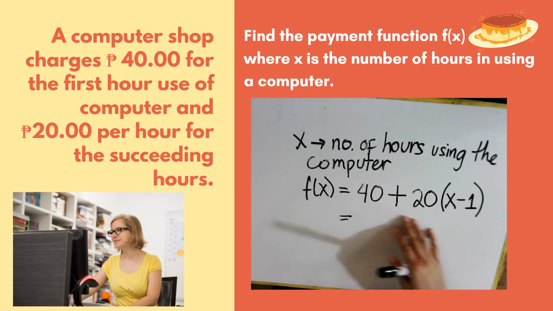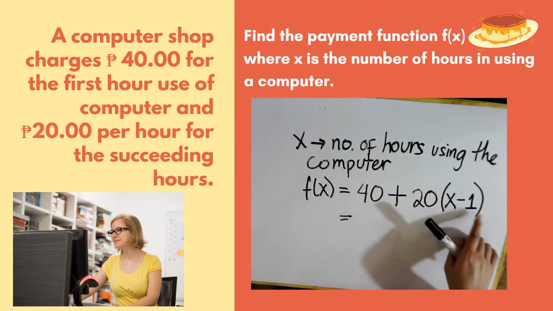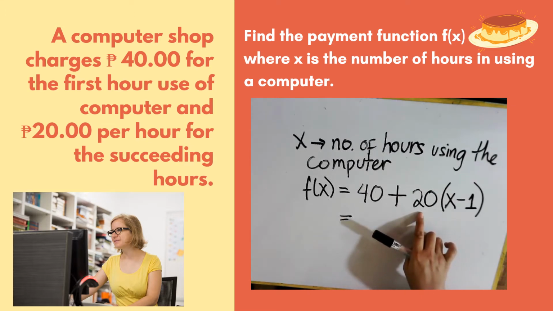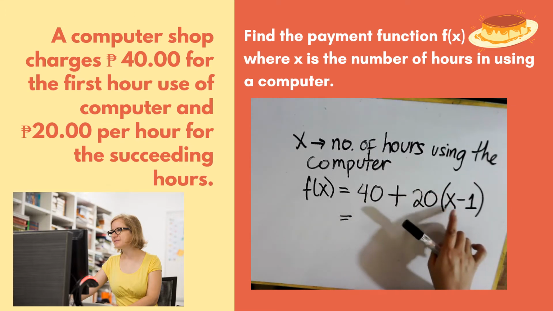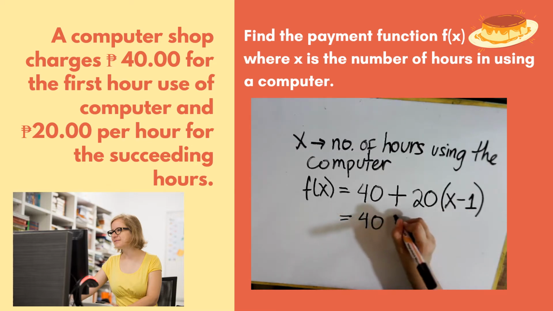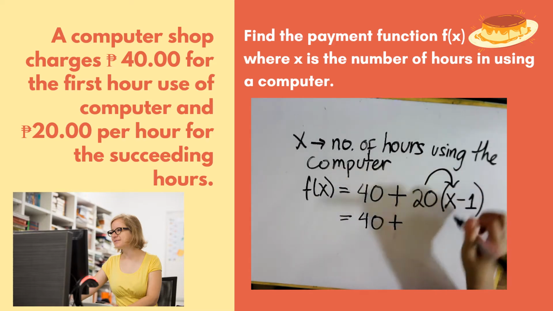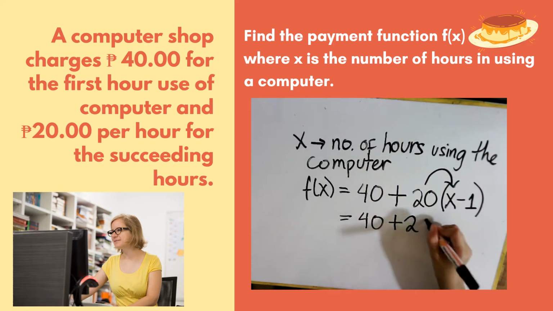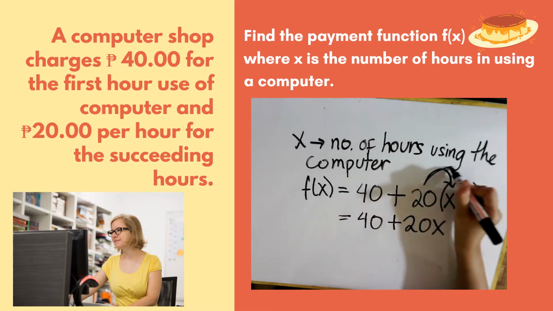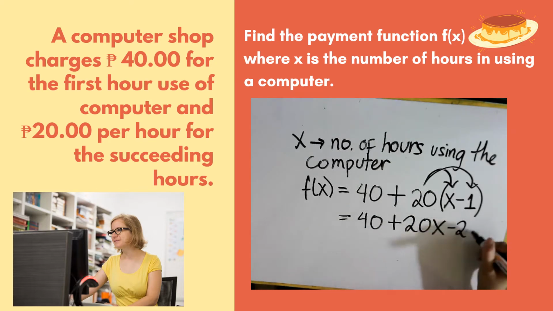Tapos, isimplify na lang po natin itong function na to. So, the parenthesis means multiplication. So, we need to multiply 20 both to x and negative 1. So, we will just copy 40 plus and then 20 times x is equal to 20x, and then 20 times negative 1 is equal to negative 20.